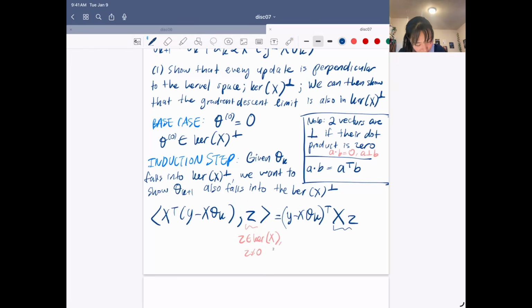And recall that xz is equal to 0 because z is a vector that gets mapped to 0 when you multiply by our feature vector.